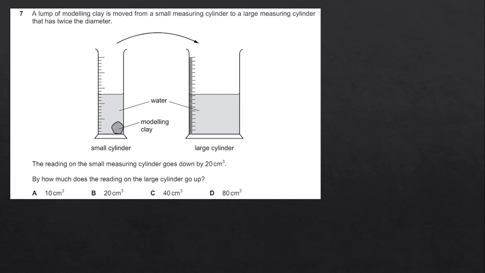So if I take this modeling clay out, the volume is being displaced by 20 cm cube. That means the volume of the modeling clay itself is 20 cm cube. So when I immerse that in a large cylinder, the volume of the large cylinder will increase by 20 cm cube, because only the volume of the immersed object will be displaced. So the answer is option B.